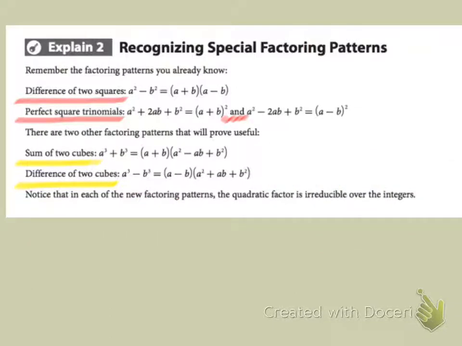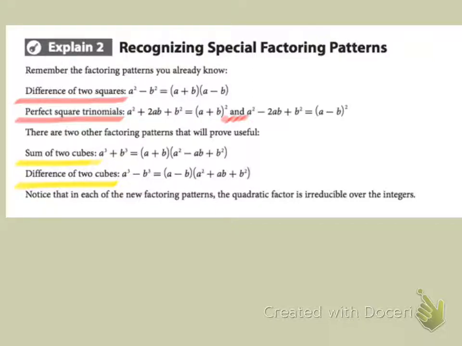So we just mentioned the difference of two perfect squares pattern, and remember that occurs whenever you have two perfect square terms and then a subtraction sign. So if you have a difference of two squares, the factoring pattern has two binomials that have different signs. One's a plus and one's a minus.